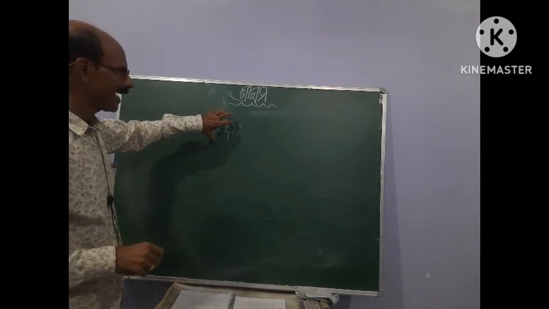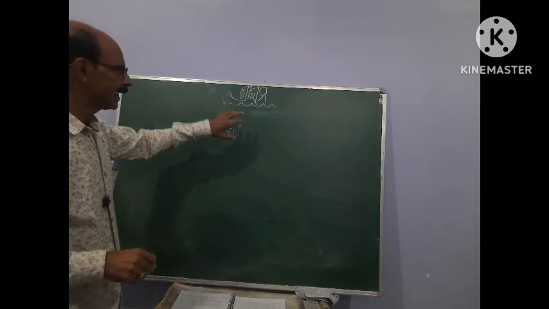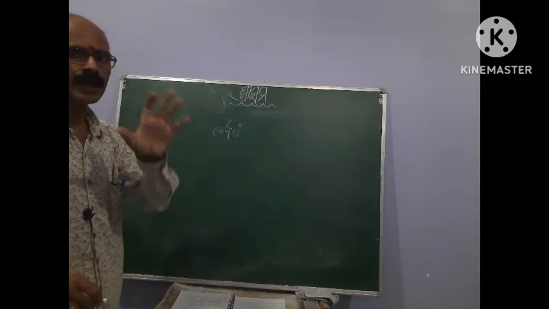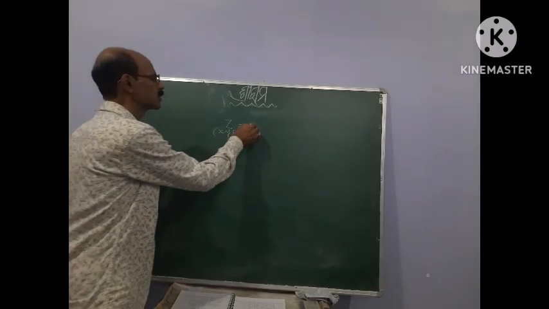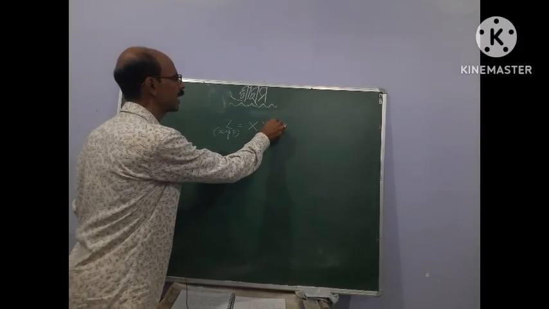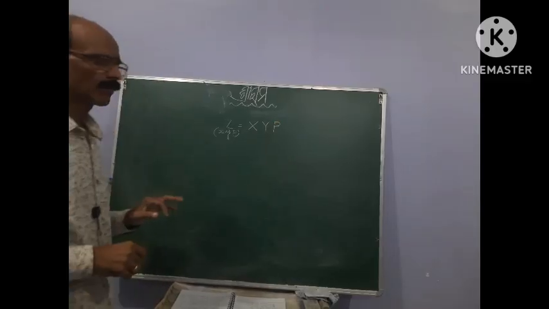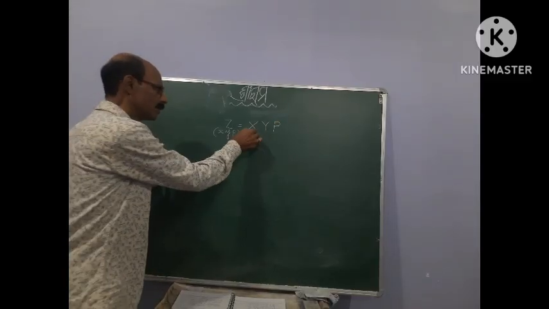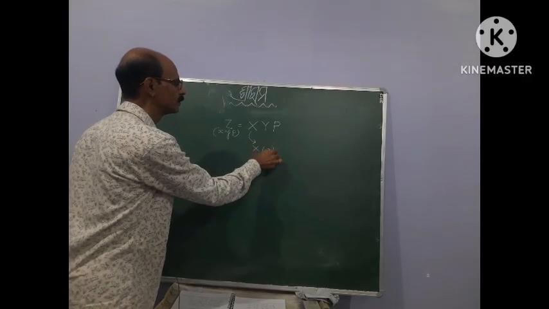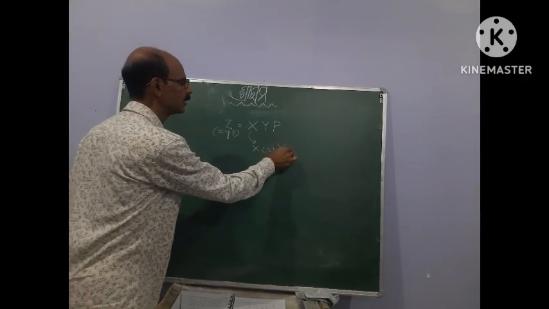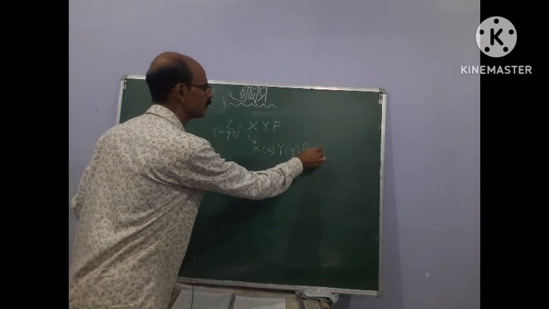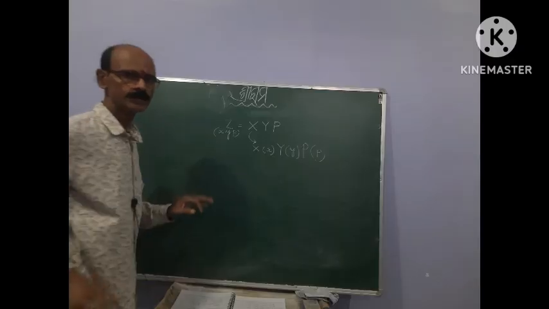Then we express z in terms of the product of three functions. Suppose the three functions are capital X, capital Y and capital P. This capital X is a function of x only, capital Y is a function of y only, and capital P is a function of p only.